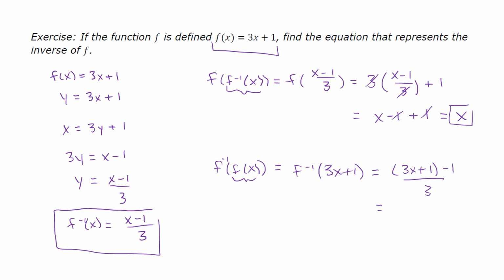So I can drop the parentheses in the numerator, which then allows me to cancel my 1 and negative 1, leaving me with 3x over 3, which equals x. Since they both equal x, I know the inverse equation, x minus 1 over 3, is the inverse of f.